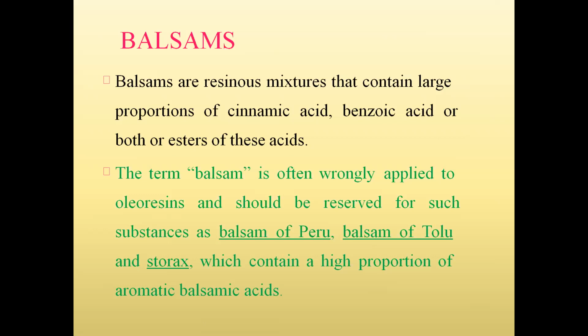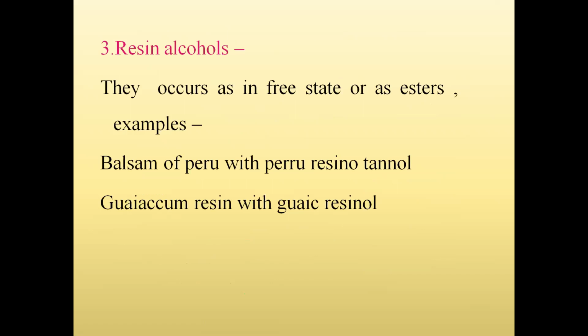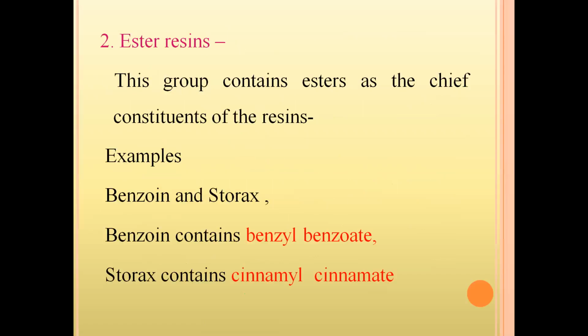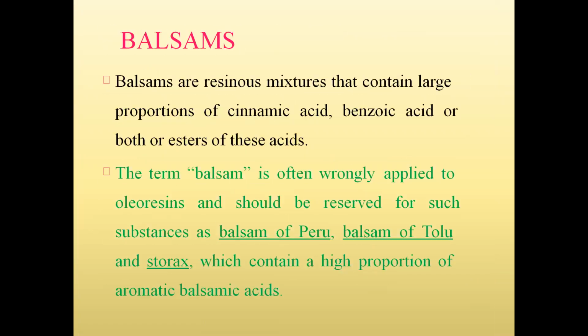The term balsam is often wrongly applied to the oleoresin, and it should be reserved for such substances as balsam of Peru, balsam of Tolu, and storax. As we have discussed in the earlier slide, storax contains the ester cinnamyl cinnamate.